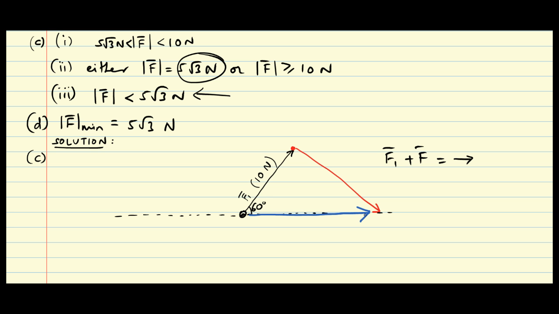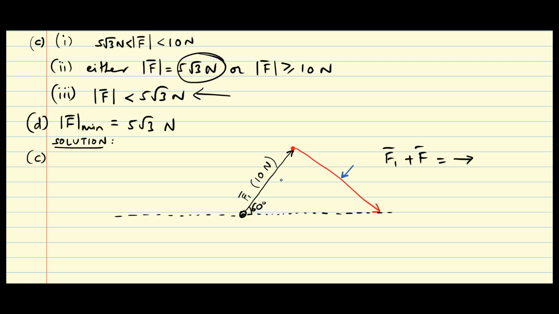There's no doubt about that. Now supposing that this magnitude was given to you, I don't know what it is. It seems to be greater than 10 newtons at least. The length of the red arrow seems to be greater than the black arrow.